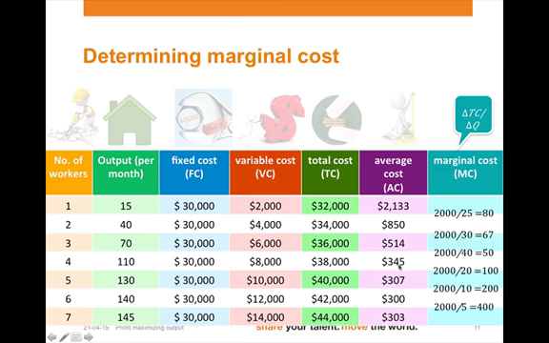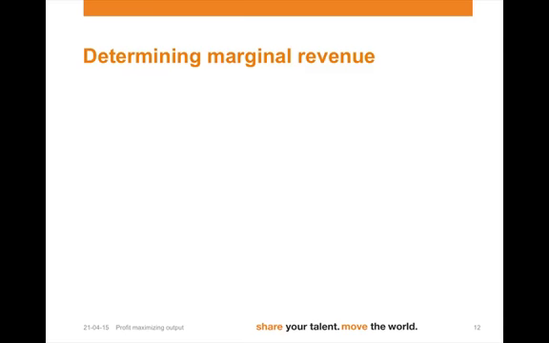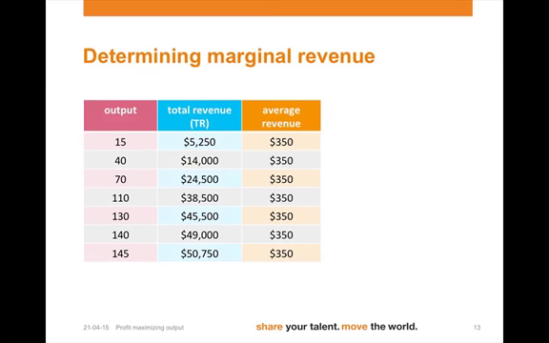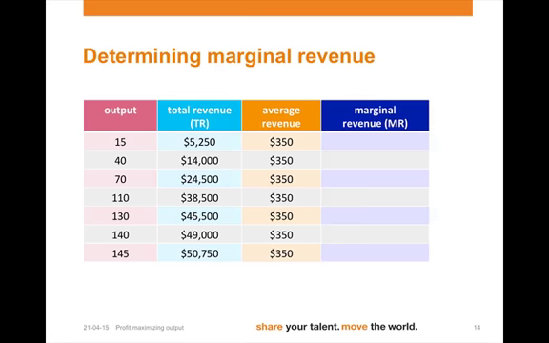We can do the same analysis for marginal revenue. Output is given, and total revenue is found by multiplying the output by $350. You will not be surprised to find that the average revenue is $350, being total revenue divided by output. So how do we find marginal revenue?